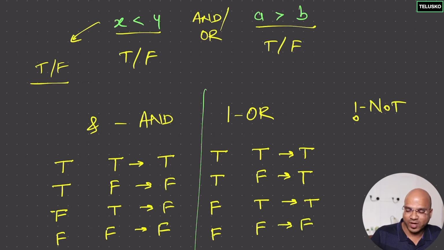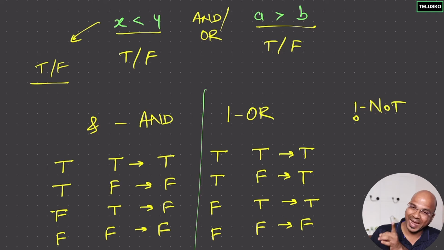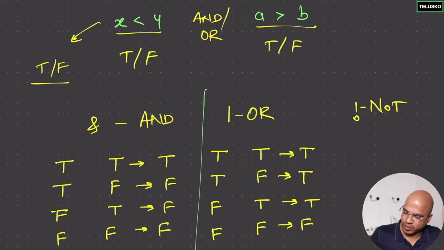If you have a requirement where if any of them is true, then it should be true, then of course if both are true, that's great, but even if you have one true, that's true. But if you have both false, then it will be false. Now, if you compare it with AND, when you have both true, it will give you true.